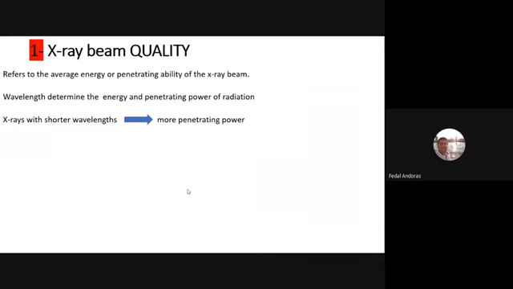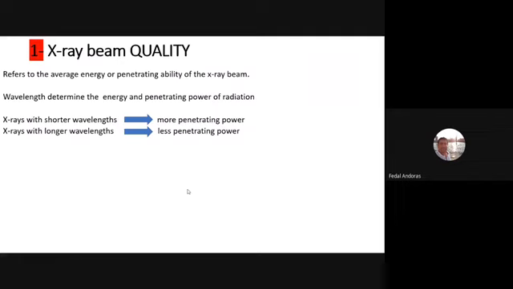X-rays with shorter wavelength have more penetrating power. And that's why, if you remember, we talked about the filter, aluminum filter. And what this aluminum filter does is blocking the longer wavelength, so just leaving the shorter wavelength to go through it. At the end, we get X-ray with more penetrating power. So see, there is a communication with previous lectures.